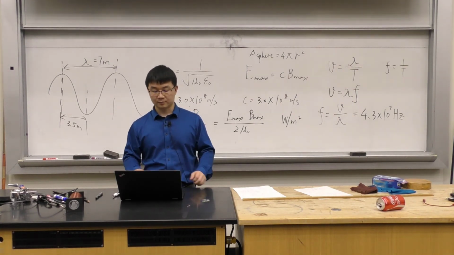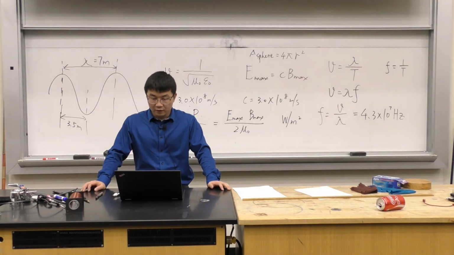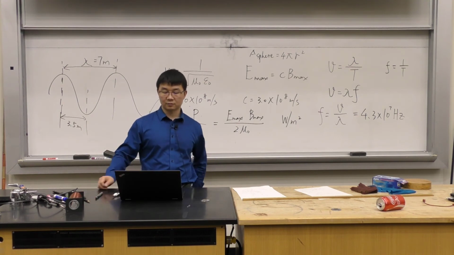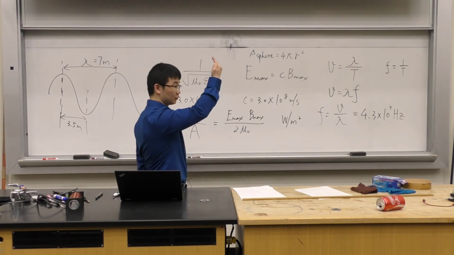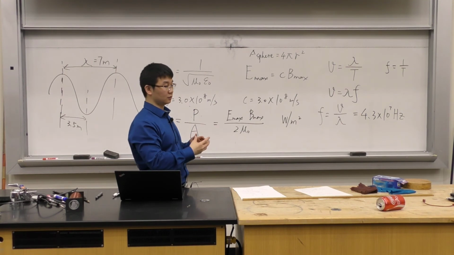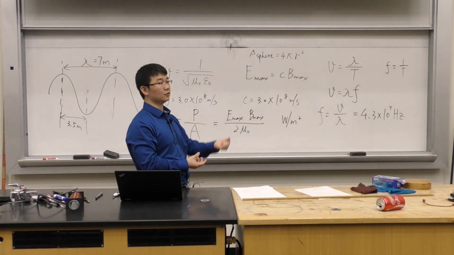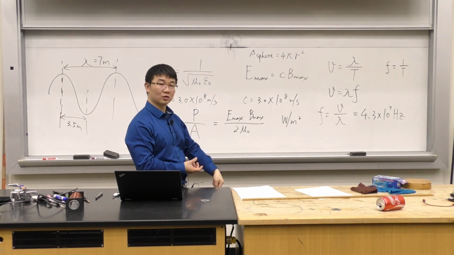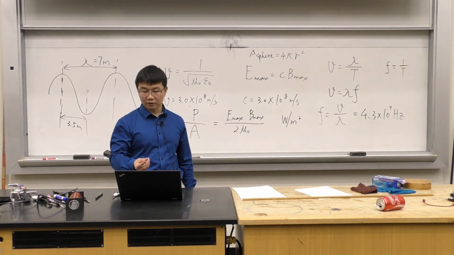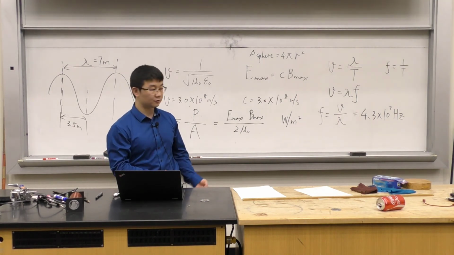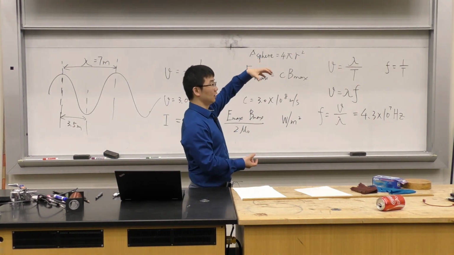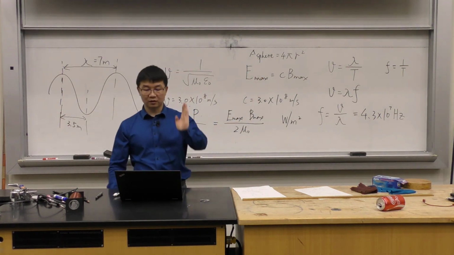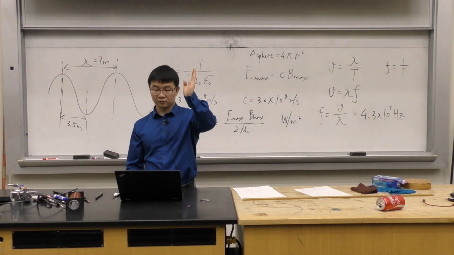If there's an external electric field, take a look at these molecules. If there's an electric field in this direction, the positive charges are going to be pushed in that direction because they feel a force in that direction, and the negative charge is going to be pulled in the opposite direction. So all these molecules are going to align with the field.